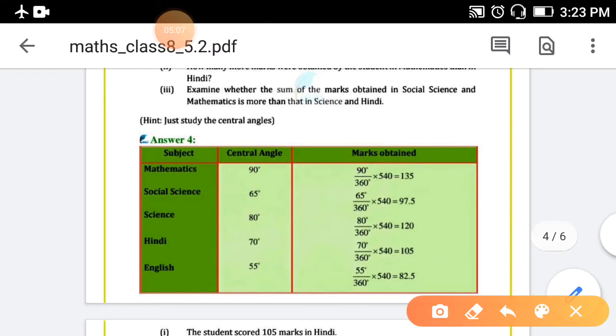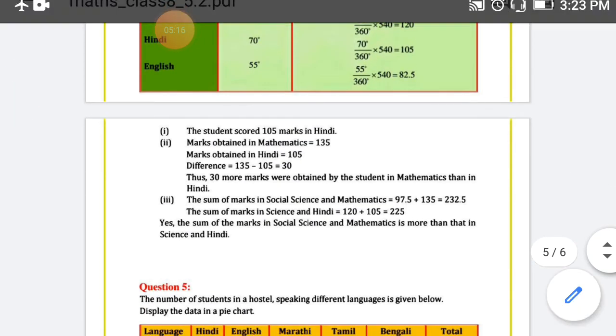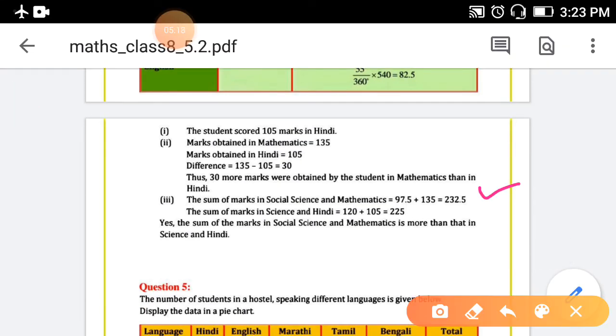So you have to add SS and maths, and science and Hindi. What is the total? 232.5 and 225. So yes, the sum of marks in SS and maths is more than science and Hindi.